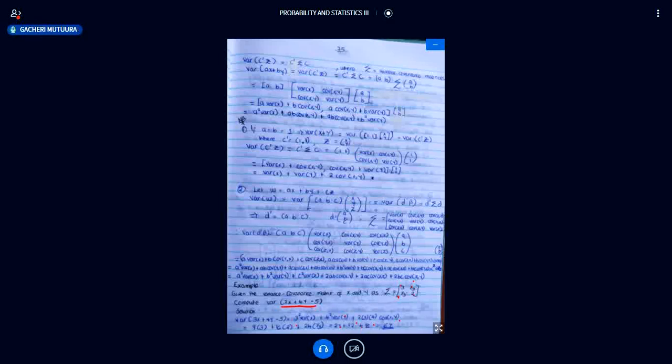So if you just input that in the formula that we've just looked at, that is just simple substitution, you should be able to get that the variance of that new function of X and Y is 67. You can copy that down before we proceed to the conditional expectation and variance, unless there are any questions on that. This is just an application bit.